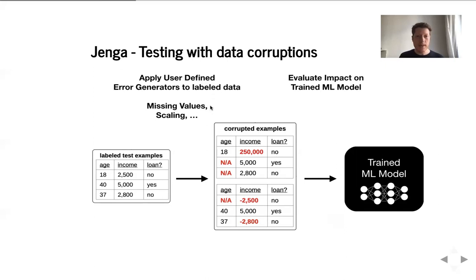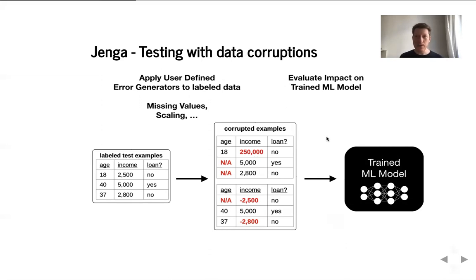Now we apply some missing value corruptions and scaling, and we instantiate different corrupted data sets with that, where each of these versions of the data set has different values missing in the age column and different numbers scaled in the income column. And then we evaluate the impact of those corruptions on the performance of your trained machine learning model.